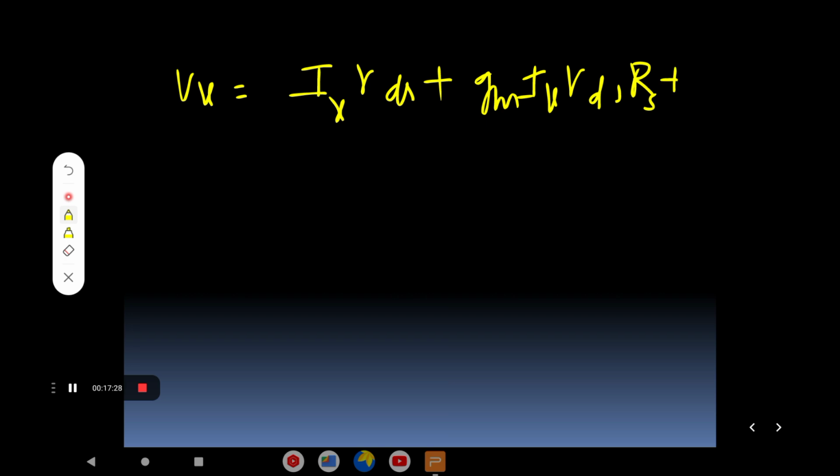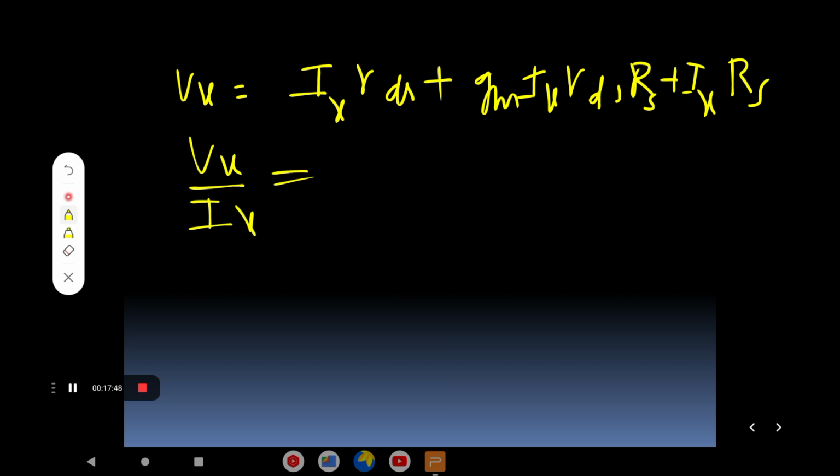plus Ix into RS value. So from this, you need to calculate Vx by Ix, that is nothing but output resistance.